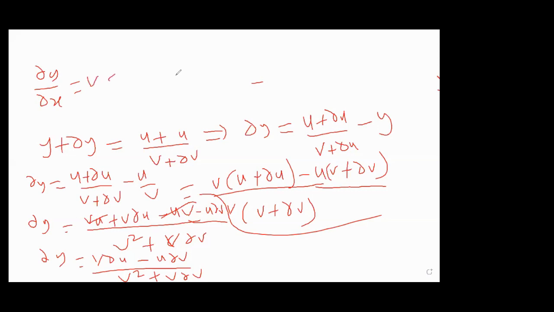We give you V del U over del x minus U del V over del x, all over, because we divide both by dx, all over V squared plus V del V.